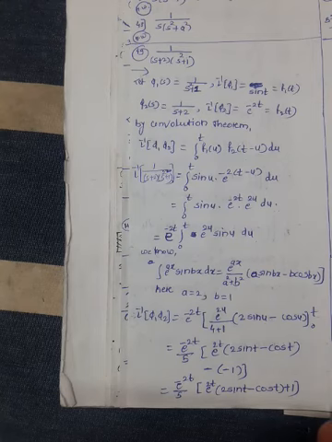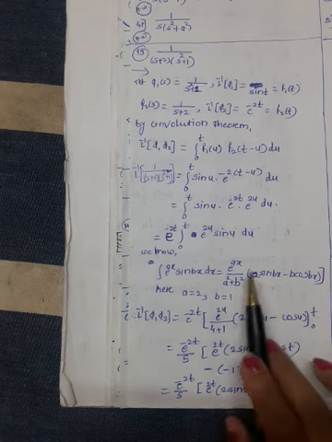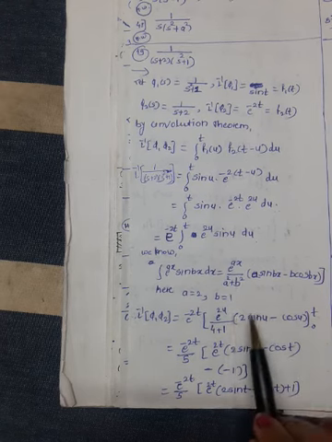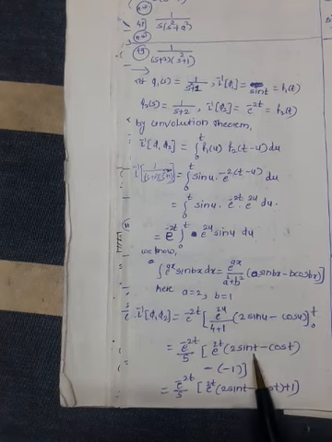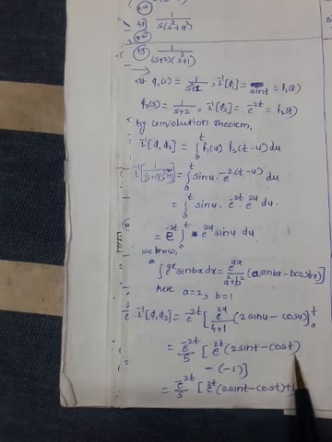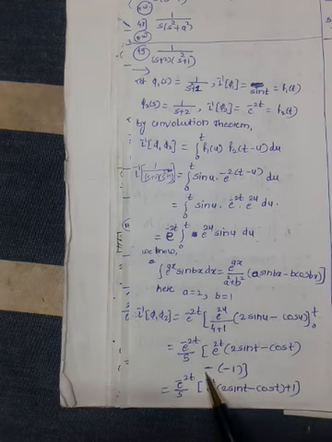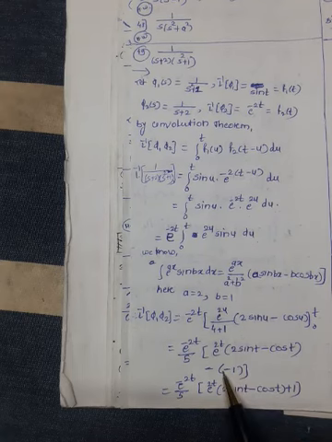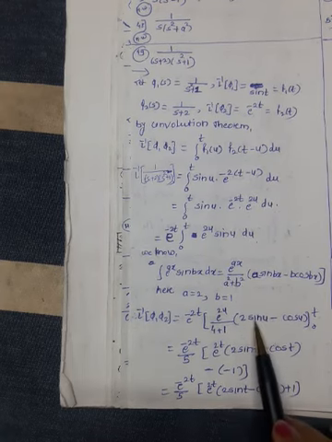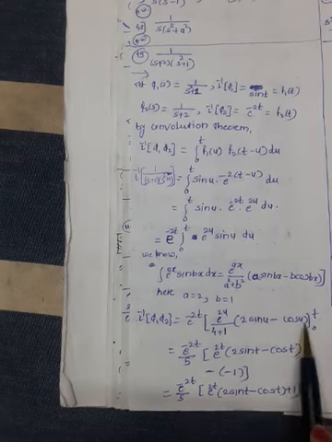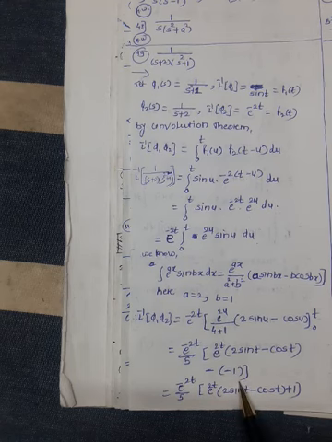Here e raised to 2, instead of u, everywhere, since the integration is with respect to u, you have to put the limit in u. e raised to 2t into bracket, 2 sin u, that is sin t, minus cos t, bracket complete. Now lower limit 0 in u, e raised to 0 is 1, minus this is minus of the lower limit, into bracket as it is, sin 0 we know is 0, so no need to write it, minus sign as it is, and cos 0 we know is 1. Bracket complete and integration complete.